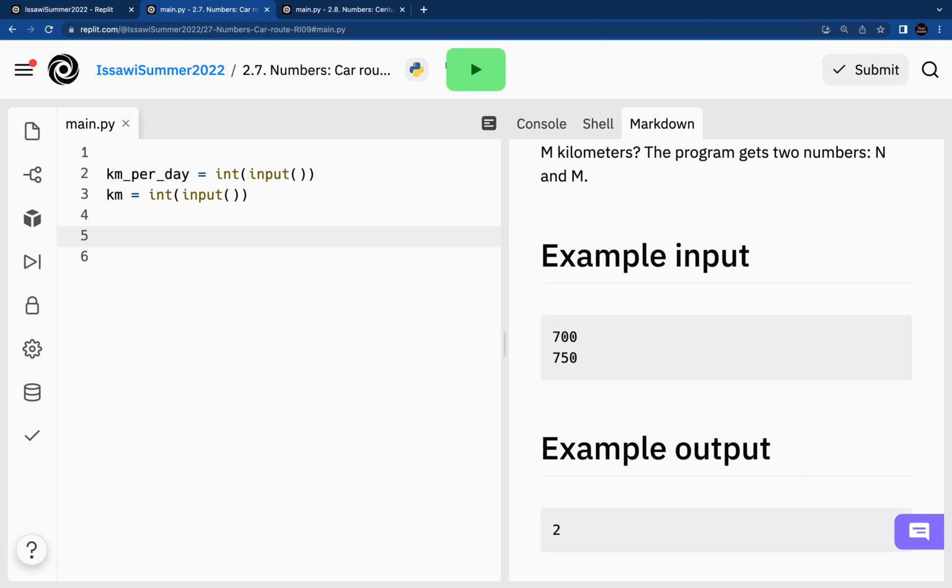I don't know if that made sense. Basically, I want to take kilometers divided by kilometers per day, and that's equal to the number of days.